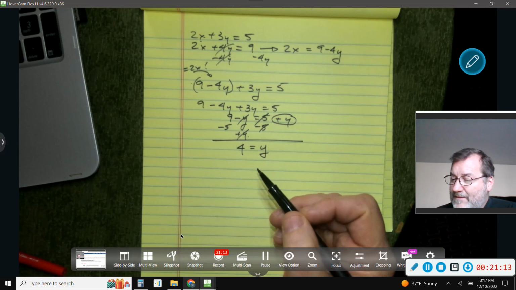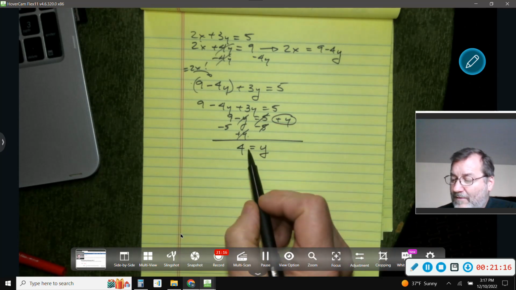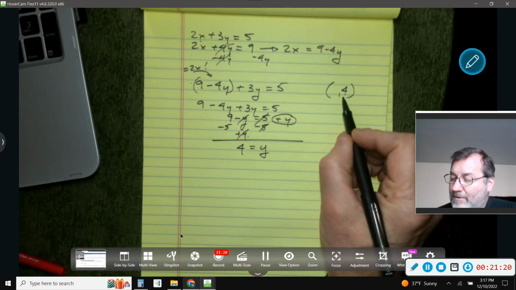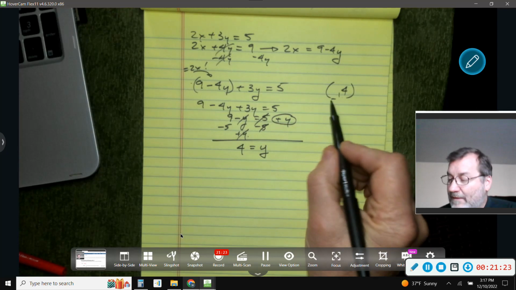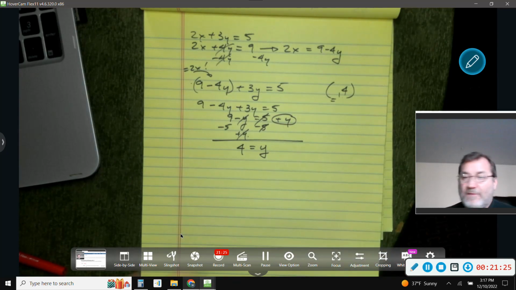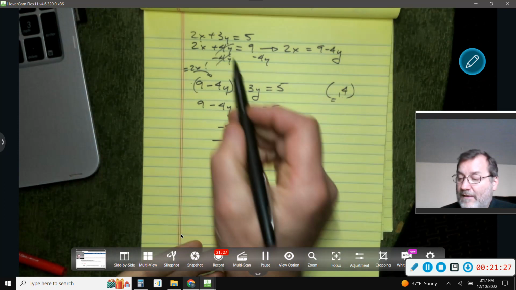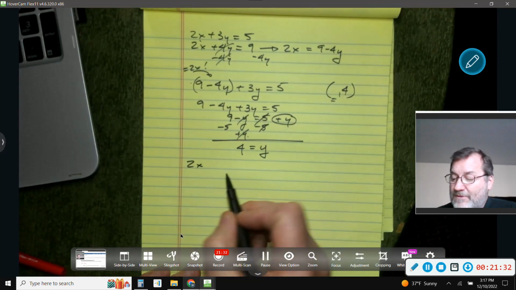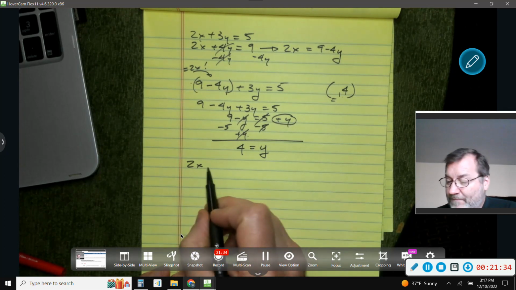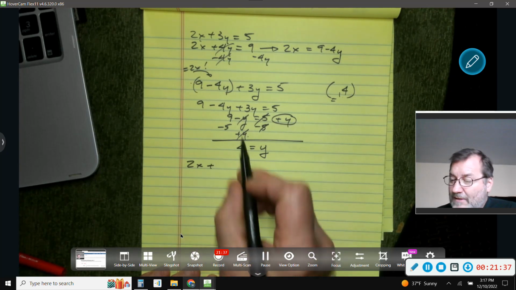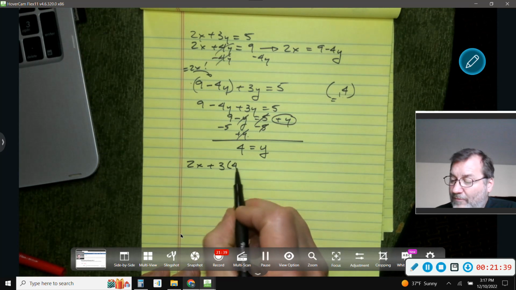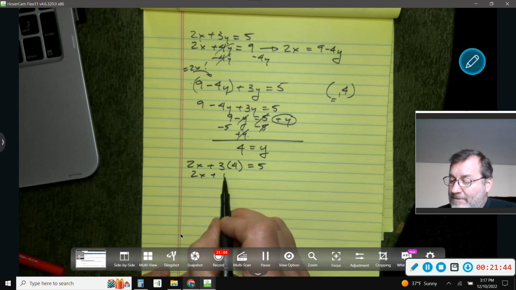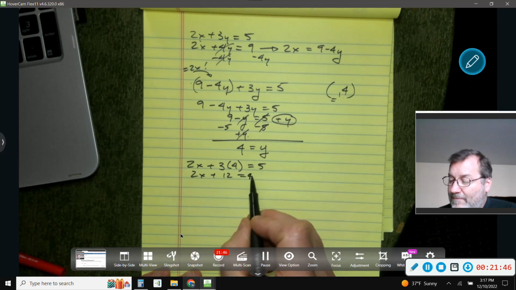So what did we get out of this? Well, so far all I've done is solve the y value of 4. I don't know what the x is. Now I can just simply substitute back in and solve it and then check with the other equation. So let's take the top one to solve for x and we'll check with the bottom one. So 2x plus 3y, which is 3 times 4, equals 5. 2x plus 12 equals 5.